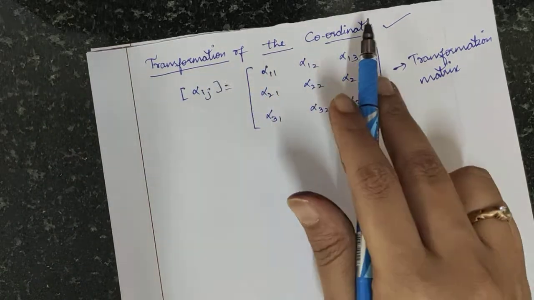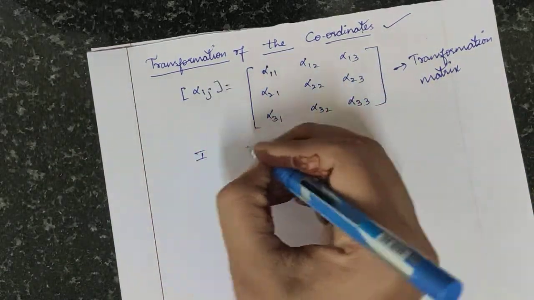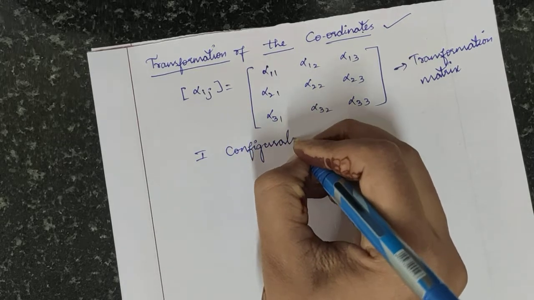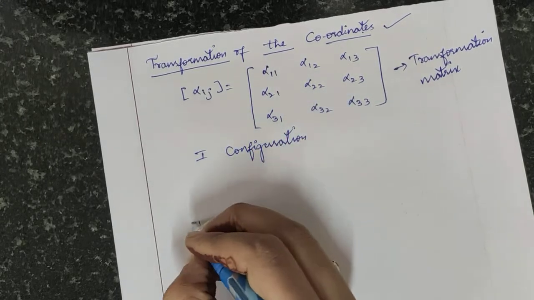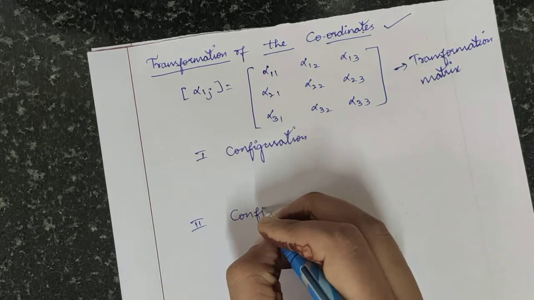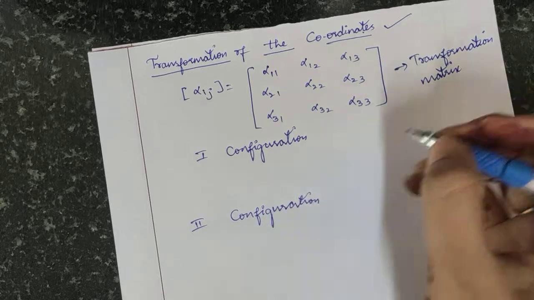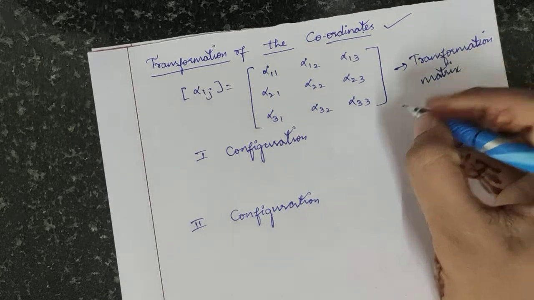In transformation of the coordinates, we have seen the first configuration as well as the second configuration. That is, one is with respect to the xi axis.